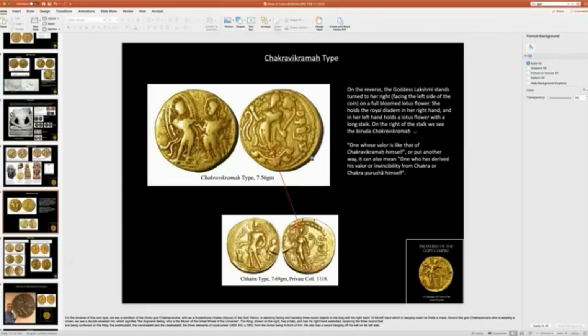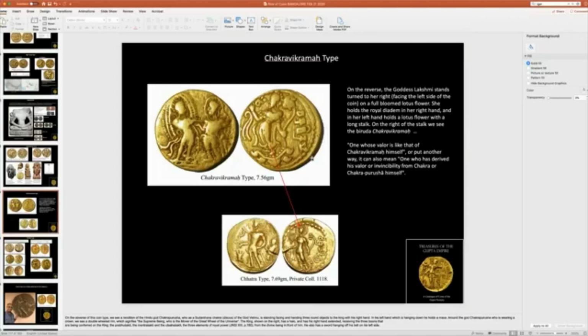But the numismatists and historians, scholars in the past, have attributed this coin to Chandragupta II. I had my doubts when I wrote the book whether this is a coin issued by Chandragupta I, who also used Shri Vikrama, or Chandragupta II.